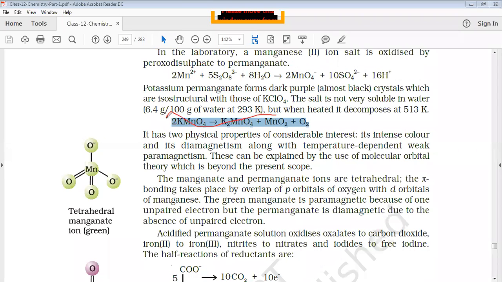Okay, this reaction shows how it can be activated. See here, KMnO4 will form K2MnO4. If two molecules of KMnO4 are added, it will form K2MnO4 and readily give permanganate.